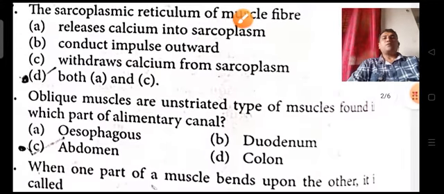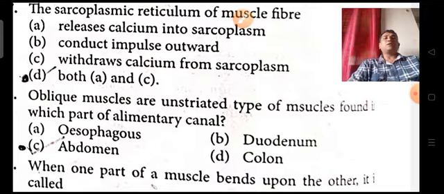Next, oblique muscles are unstriated muscles found in which part of the alimentary canal? Generally they are present near the stomach, that is the abdominal region.